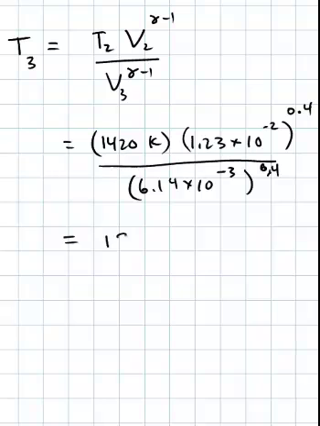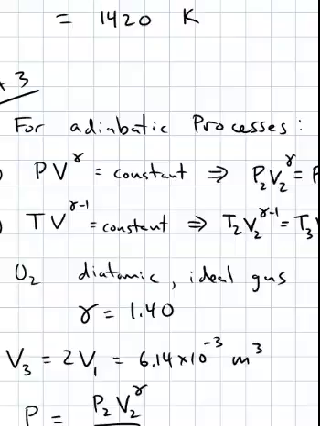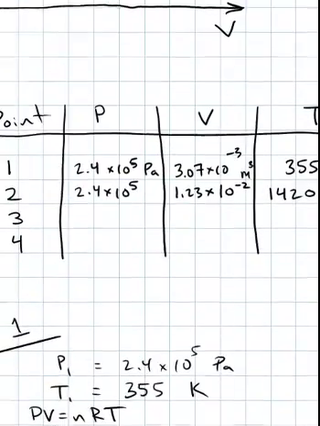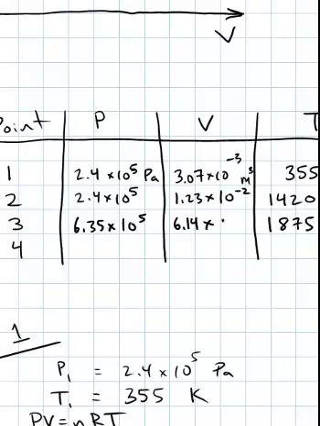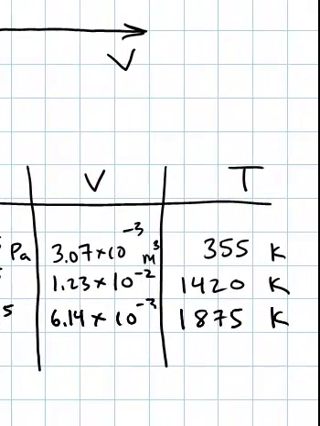And I end up with 1,875 Kelvin. So I can go punch those back in. My pressure was 6.35 times 10 to the fifth pascals, and my volume was 6.14 times 10 to the negative third.